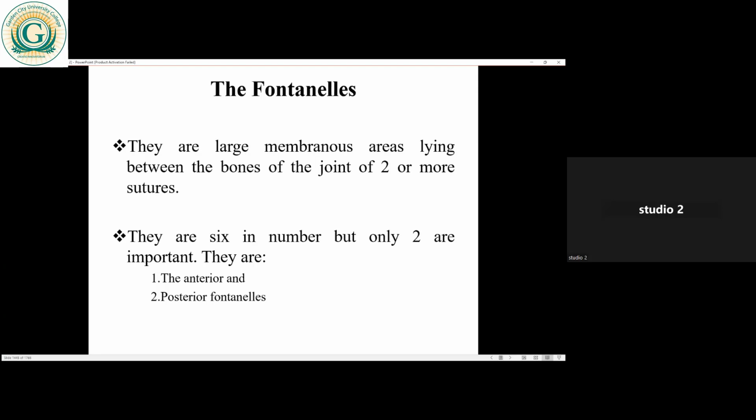The anterior one is very visible to all of us. When the baby is born, you see something like breathing in the middle of the head. That is the fontanelle. It's a soft tissue there, and it will gradually close.